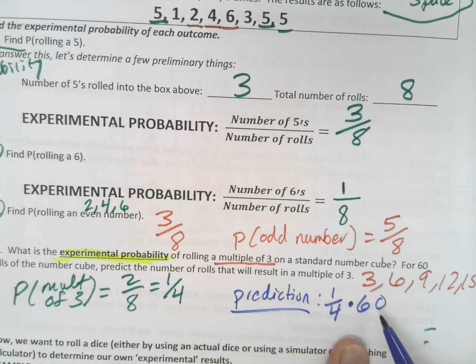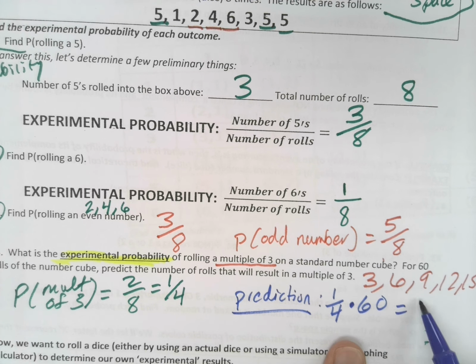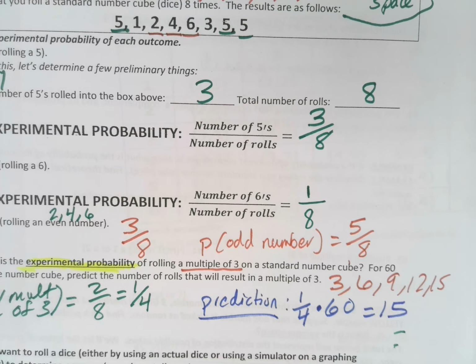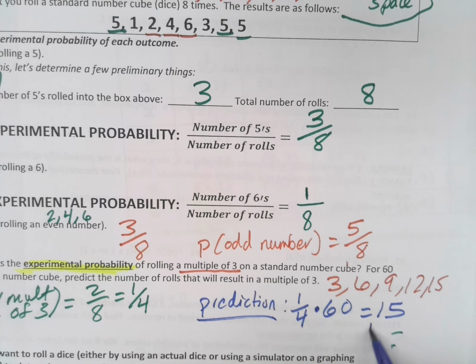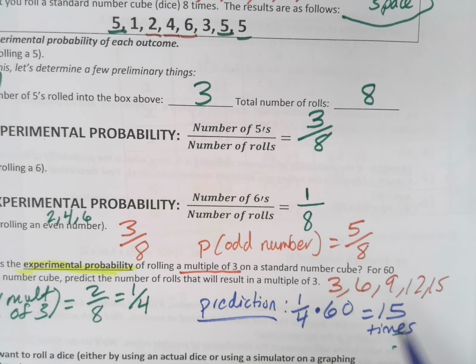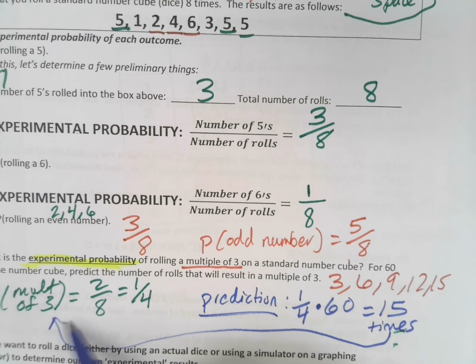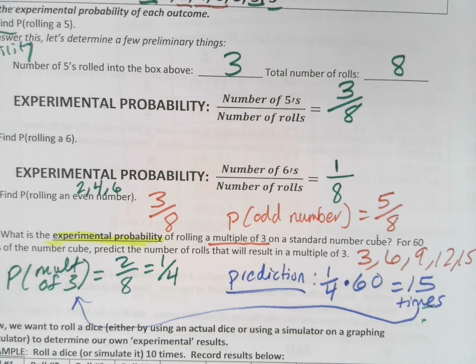So you take 1/4 of 60, and hypothetically speaking, 15 times we should get a multiple of 3. So if you were to roll this die 60 times based off this experiment, hypothetically you should get 15 of either 3 or 6 combined.